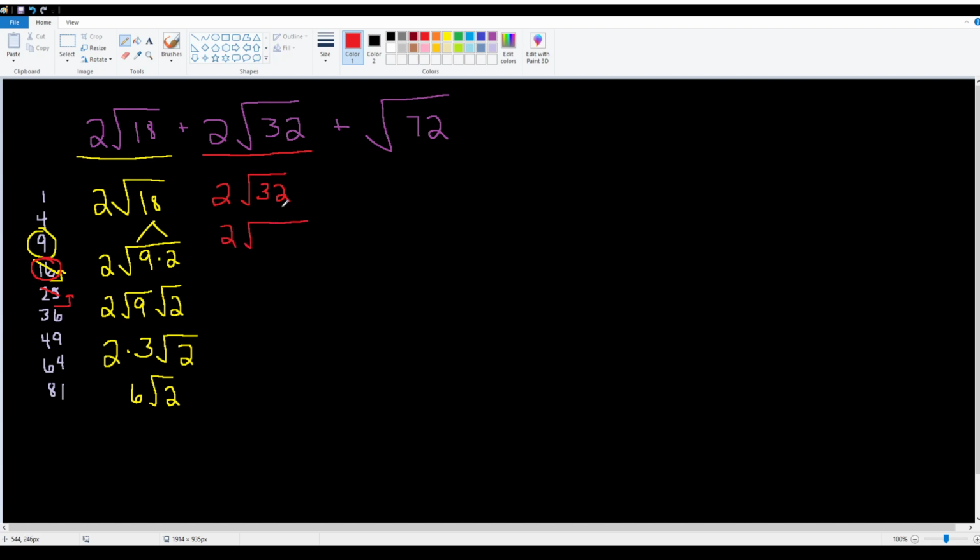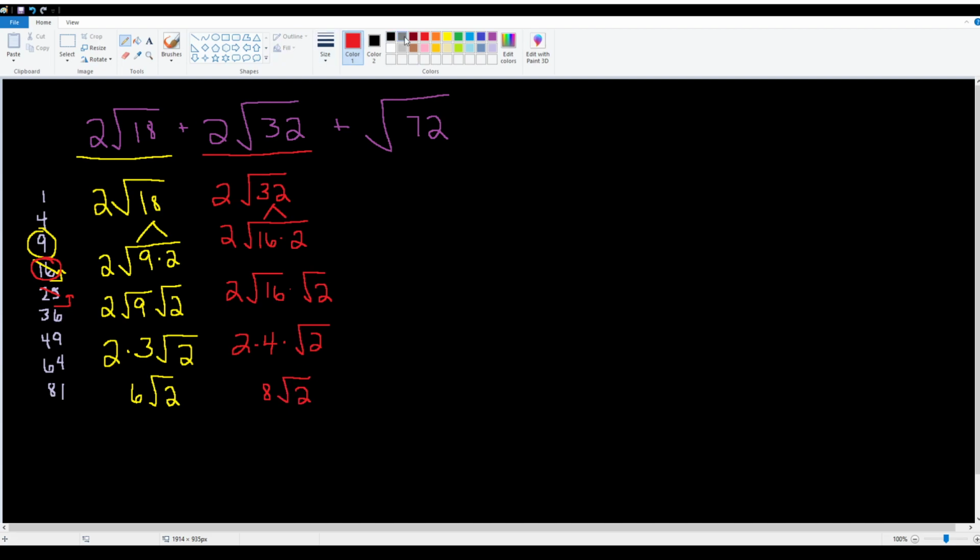So if I take 32 and I divide it by 16, I'm going to get 16 times 2. So again, this splits up into square root of 16 times the square root of 2. And we know that the square root of 16 is just 4. And then 2 times 4 gives me 8 square root of 2.